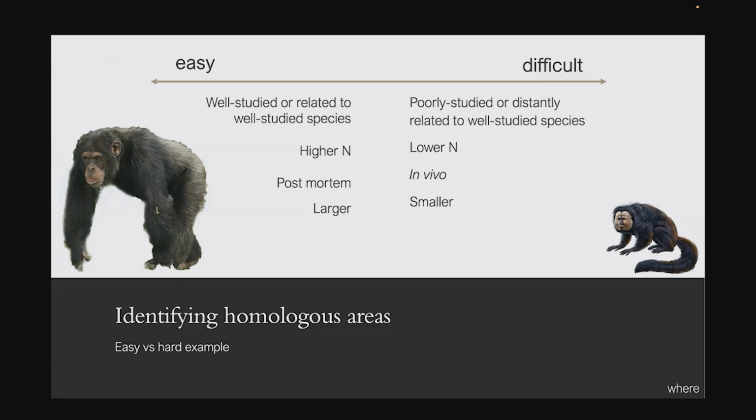If you have a number of scans of different individuals and you can build a template, that's going to help this process as well because you'll just have a nicer template scan with less individual idiosyncrasies. Postmortem scans are very good for this kind of analysis because you can have much longer scan times, it can boost your SNR, and you can have a better quality scan that can help with this. And then, of course, brains that are larger will be a little bit easier than smaller brains that have fewer landmarks, fewer sulci. Those can pose a challenge.